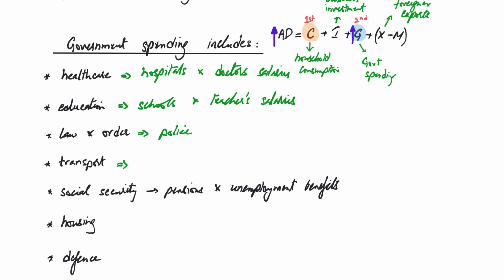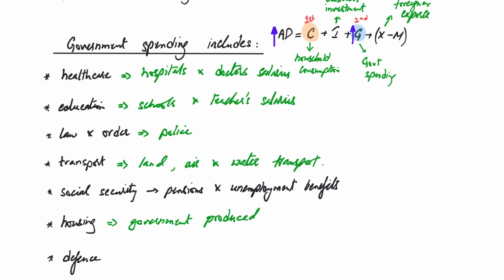Under transport we can have land, air and water transports. Under housing we can talk about government produced housing. And under defense obviously the government spends on weapons and army.